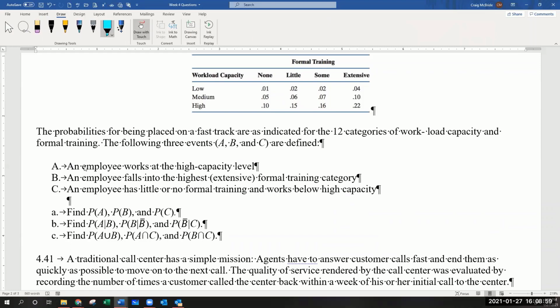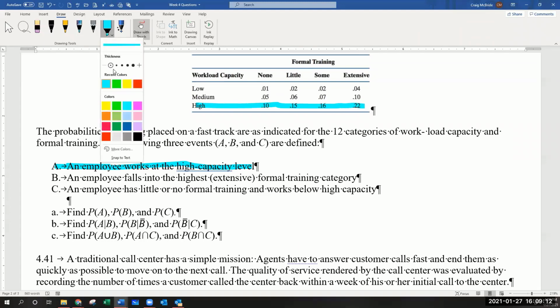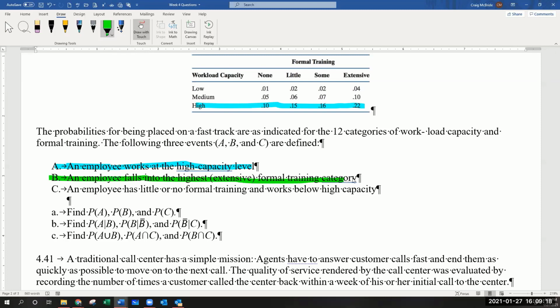So A is going to be this color: they work at a high capacity, so that's all of these values. And B is they fall into the highest extensive training, so that's those.